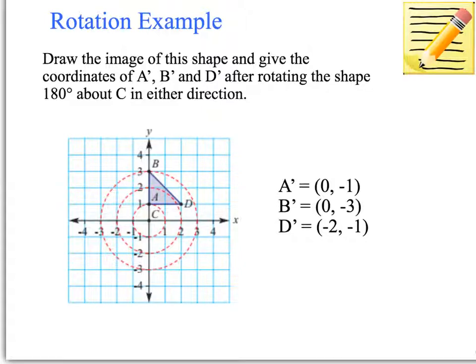Alright, so let's start by looking at point A, moving at 180 degrees, so that's half a circle. Alright, so 180 degrees here. 180 degrees for B. With our apostrophes.